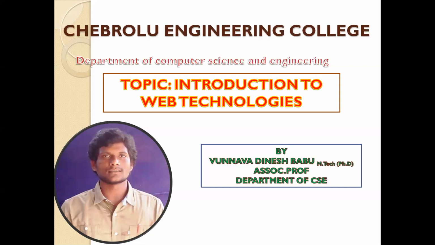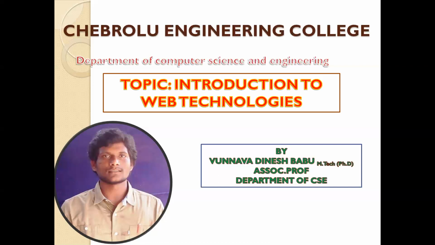In the previous session, we already saw the JNTU Kakinada syllabus of web technologies. We saw that in Unit 1, we are going to cover the topics regarding HTML and CSS. In Unit 2, JavaScript.